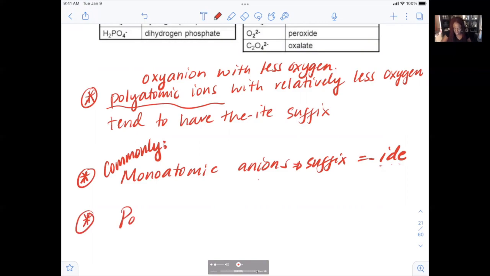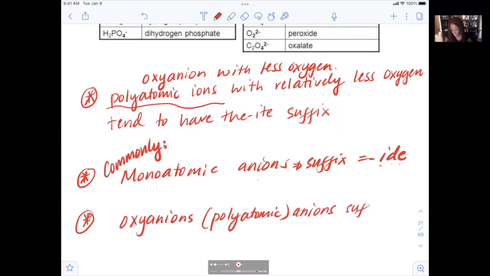With the oxyanions, remember, these are going to be polyatomic. That means they have some kind of atom and oxygen. Their suffix changes.